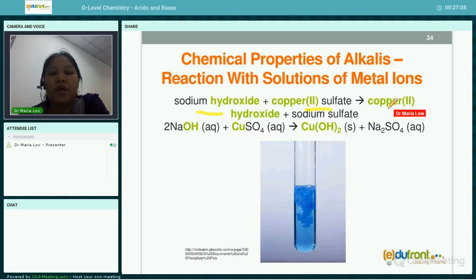What you form is a blue precipitate, which is known as copper(II) hydroxide, in sodium sulfate solution. You can see from the diagram below that this blue precipitate is formed as a result of sodium hydroxide reacting with copper(II) sulfate solution in the test tube.